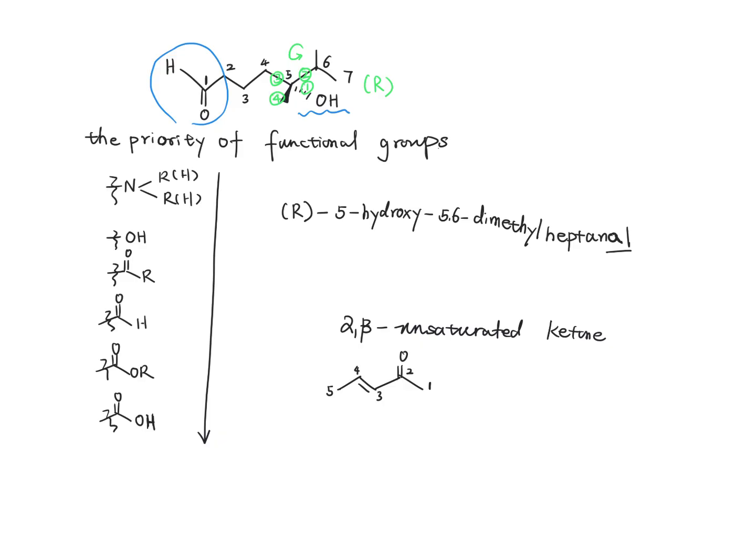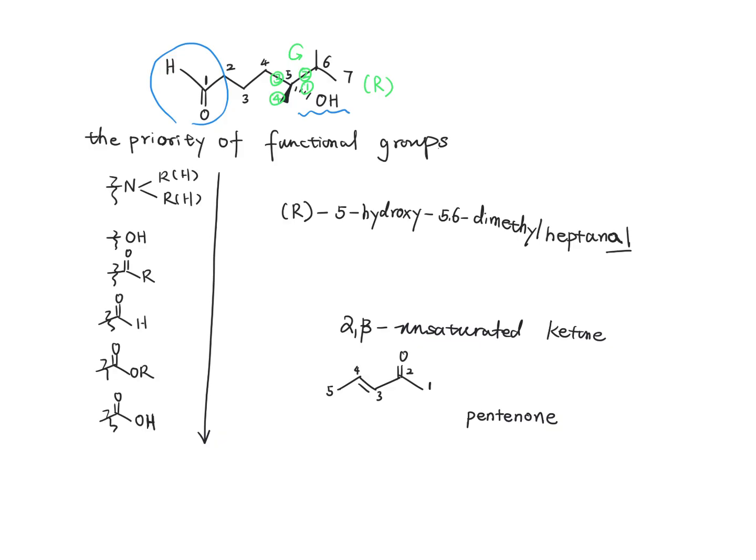And on carbon 2, we have the carbon-oxygen double bond. So now we have pentene, to indicate that it is an unsaturated ketone. Now where is the ketone?